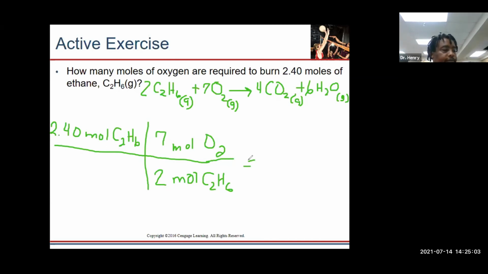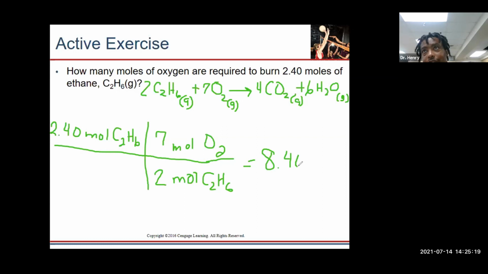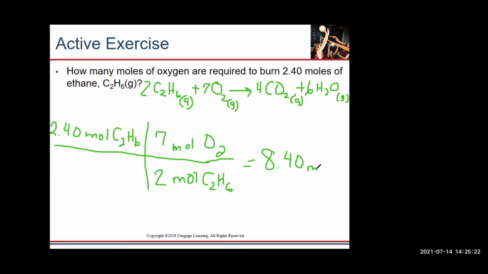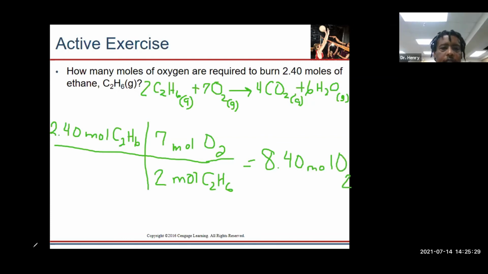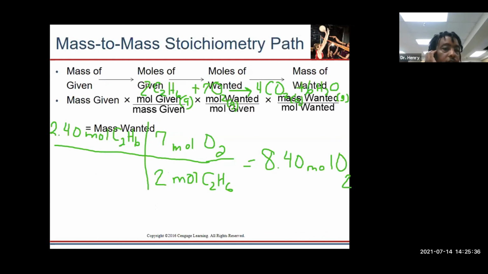So what do you guys get? 8.4. And so it would be 8.40 mole O2. That is correct. Simple, not too hard. Questions?